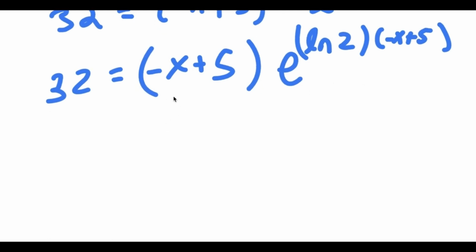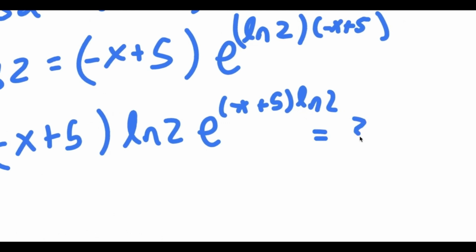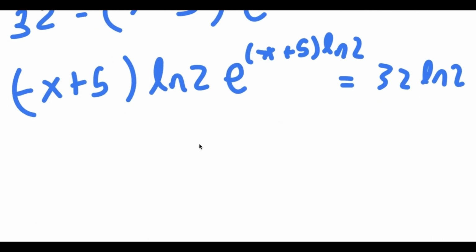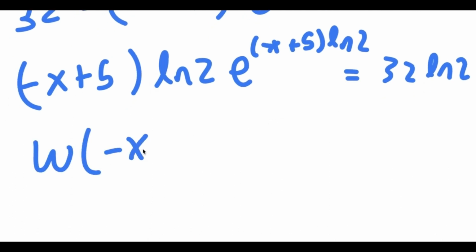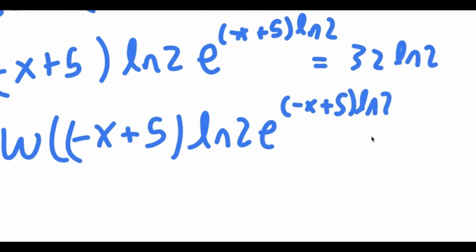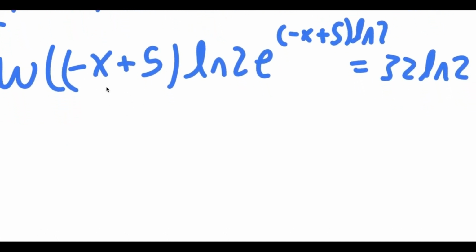And now this is the same thing as negative x plus 5 times ln 2 times e to the power of negative x plus 5 times ln 2 is equal to 32 times ln 2. So I just multiply both sides by ln 2. And now if I take the W Lambert function on both sides, and if you don't know what this is, I highly recommend researching about it.